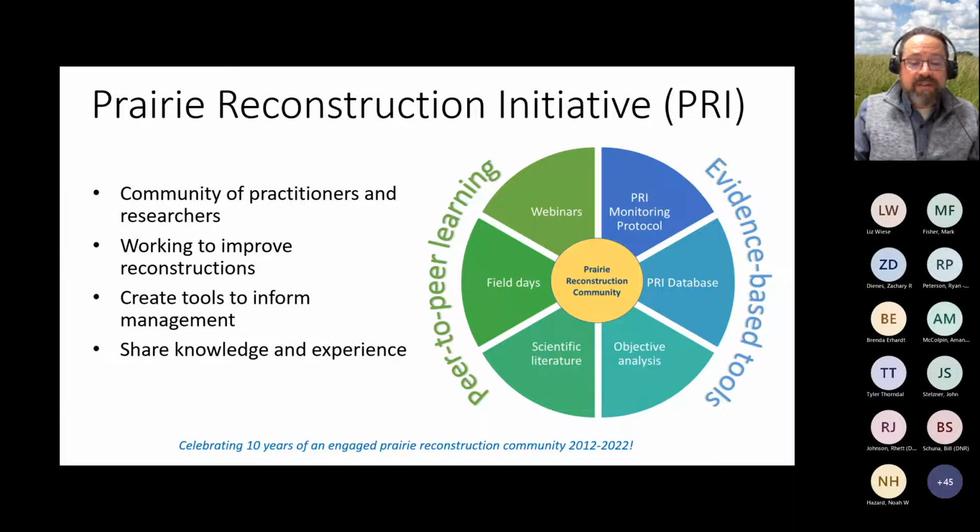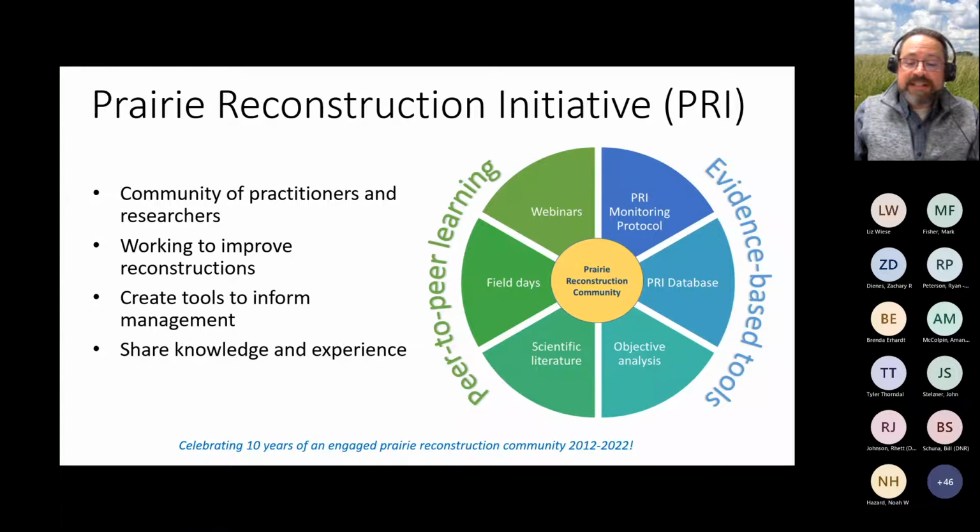Our tools include a vegetation monitoring protocol and a prairie reconstruction database designed to collect a standard suite of data about reconstructions. By pooling and analyzing data from many reconstructions, we hope to reveal pivotal elements that will increase the likelihood that all reconstructions meet expectations.